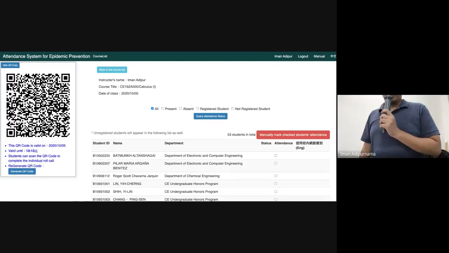Okay, please scan the QR code. And for the online students, I will send you an email to explain the quiz.